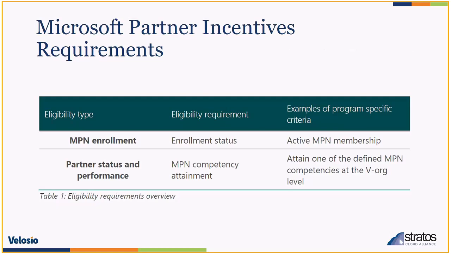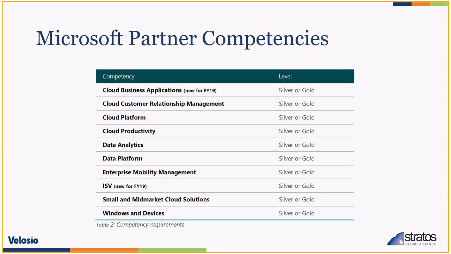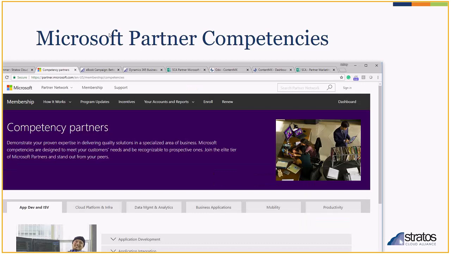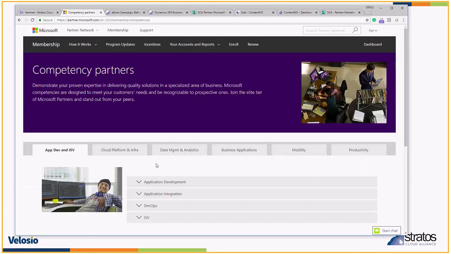When we look at the partner status, you need to attain one of the defined MPN competencies. These are the competencies that you'll need to review or try to get qualified for. We're going to jump into a few websites here to help share this information. If you need help navigating to the competency pages for Microsoft, this page here has all the different ones that are available.